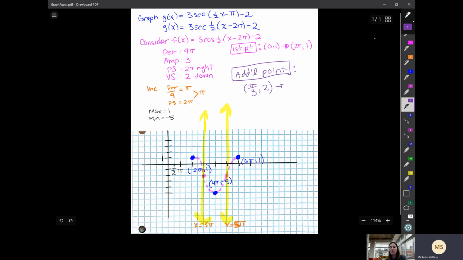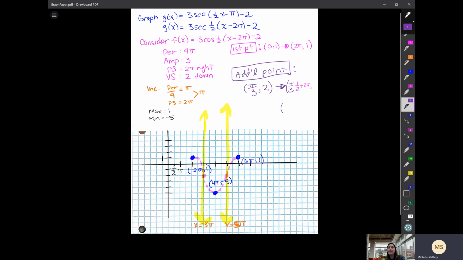And so let's just transform where that goes. So pi over 3 comma 2, where does that land? Well, my x's, what am I going to do to it? My x's, I multiply by 1/2, and then I add 2 pi. So I take my pi over 3, I'm going to multiply by 1/2 plus 2 pi, and I can get my new x coordinate. So my new x coordinate is going to be pi over 6 plus 2 pi.